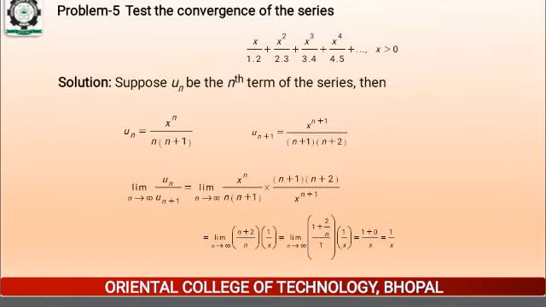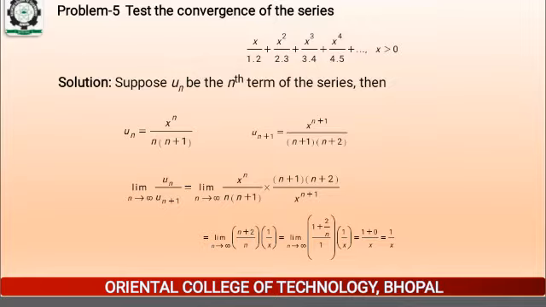Limit n tends to infinity un upon un plus 1 equals limit n tends to infinity, putting the values of un and un plus 1. Simplify this, we have limit n tends to infinity n plus 2 upon n into 1 by x. When we divide numerator and denominator by n, we have limit n tends to infinity 1 plus 2 by n upon 1 into 1 by x.